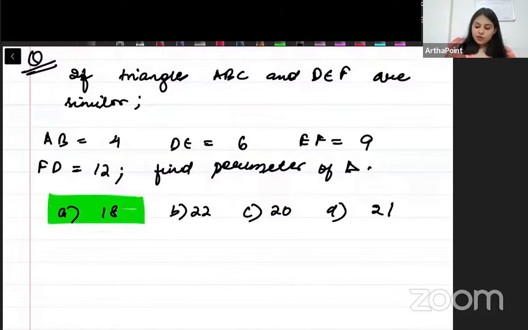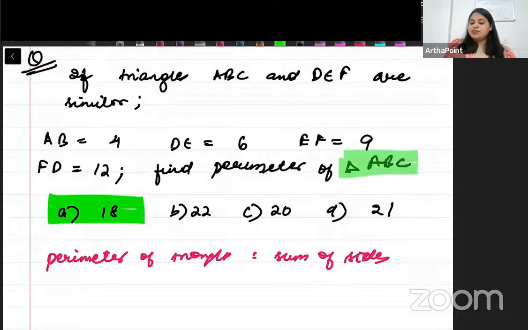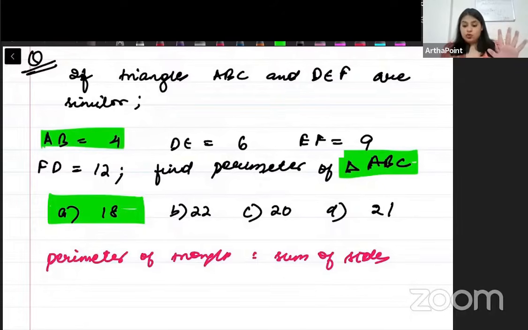And I'm giving you the formula for the perimeter of a triangle. It is nothing but the sum of sides. Perimeter of which triangle? Triangle ABC, huh? Find the perimeter of triangle ABC. So AB you know. BC and AC you don't know.